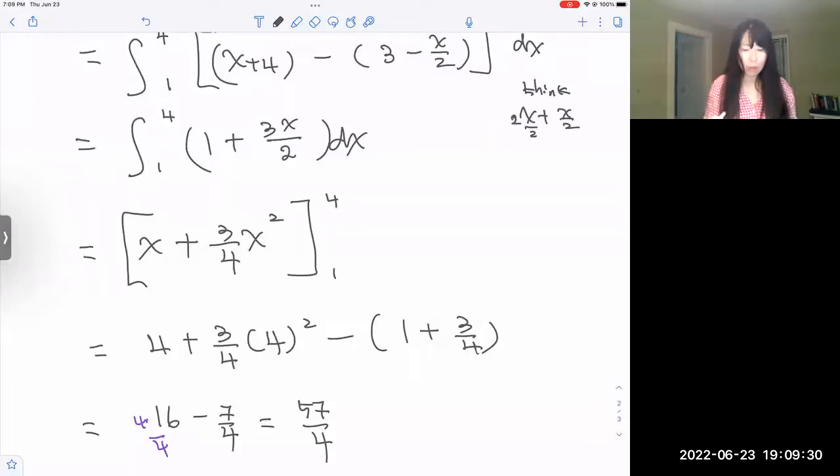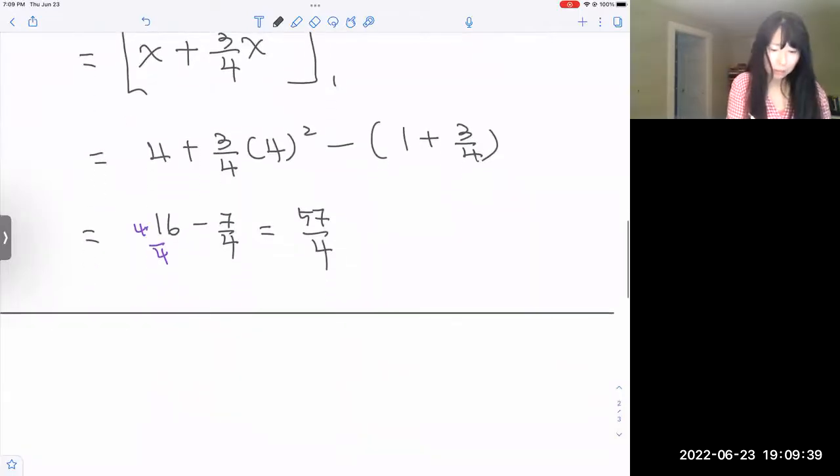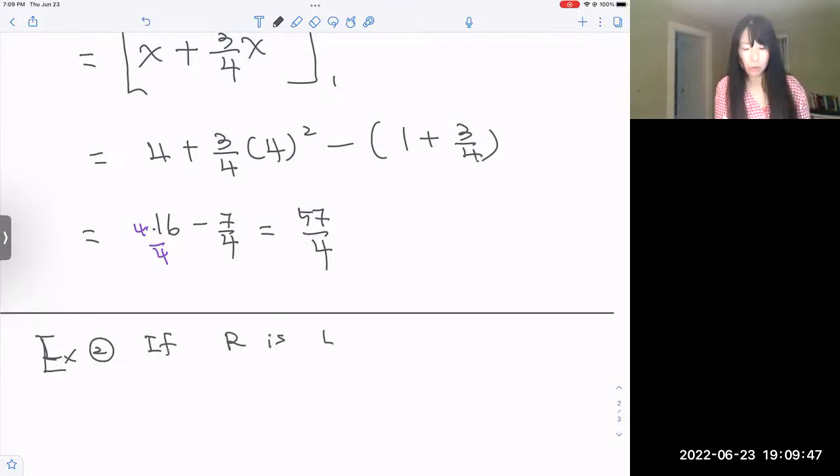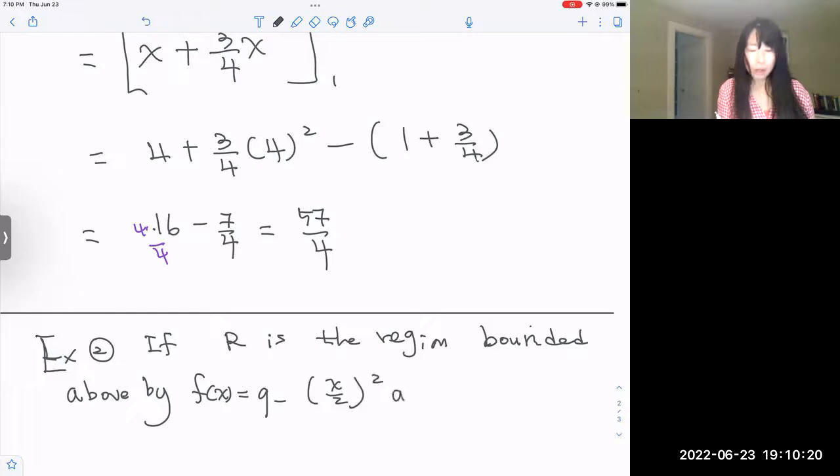Now, second one. We have, if R is the region, once again bounded above by, let me just use f of x equal to 9 minus x over 2 squared, and below by g of x equal to 6 minus x, right?